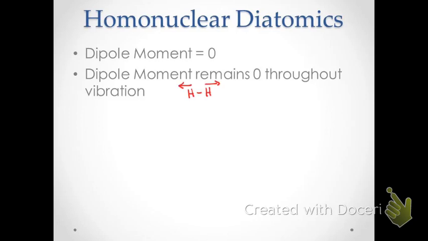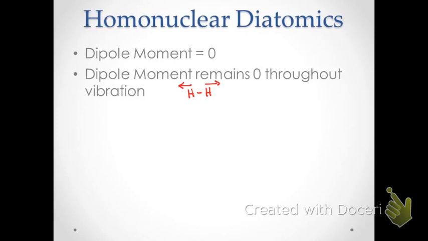Again, if you consider a stretching vibration between two atoms, like the hydrogen atoms here, they pull apart and come back together, they pull apart, come back together. The charge separation is changing in the molecule as it goes through the vibration, but the dipole moment is still 0 throughout that vibration.